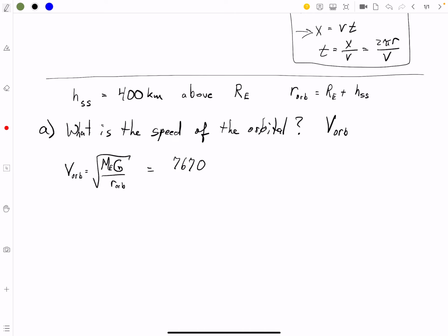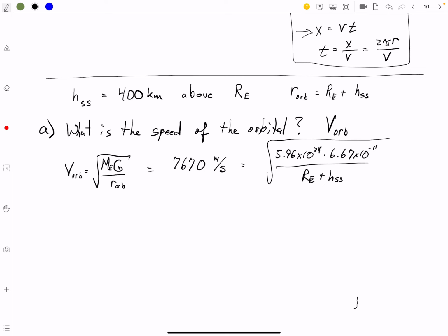It's 7,670 meters per second when you plug in the 5.96 times 10 to the 24 times 6.67 times 10 to the minus 11, and we're dividing by, I don't want to write all that out, so I'm going to write this, and then you take the square root. Okay, so that gives us that.